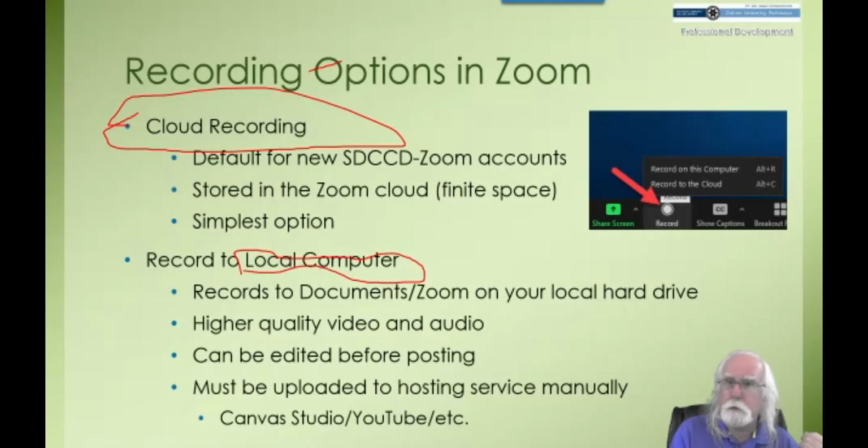The Zoom cloud captions your recordings automatically so that they're legally accessible to students with disabilities or anyone who just needs the captions for whatever reason. It's the simplest option for you. Zoom takes care of pretty much everything for you if you record to the Zoom cloud.